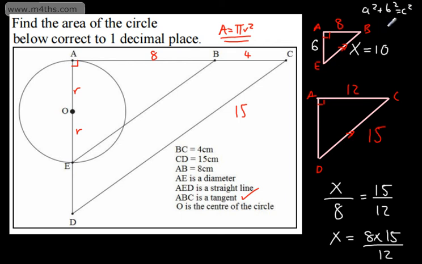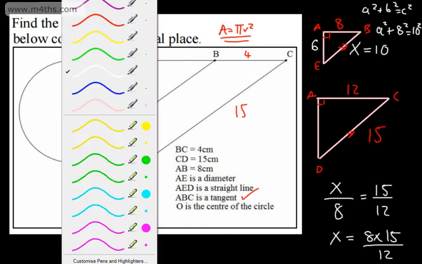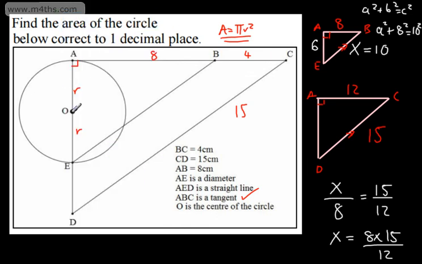So what we've got here now is A squared, which is this length, plus 8 squared is equal to 10 squared. So we can see that this is going to be 10 squared minus 8 squared, square rooted. So that is going to be 6. So if this side length is 6, that side length is 6. So the radius here is going to be 3, and the radius here is going to be 3.